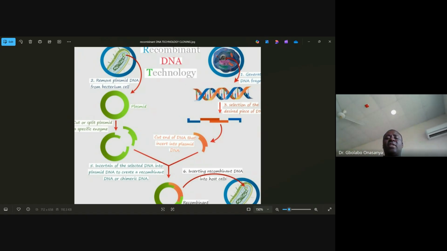They will be able to survive inside penicillin. And those E. coli that did not take up recombinant plasmid will die. That is the recombinant technology being employed in cloning.